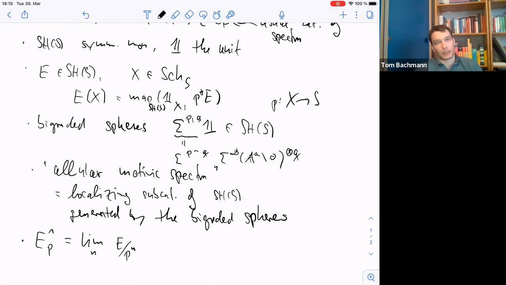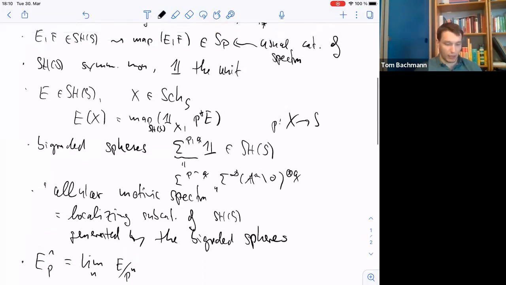For all n, there's a canonical inverse system with these entries, which one can form. And the inverse limit is called the p-adic completion. This is a very well-known procedure in homotopy theory. I'm sure essentially everyone knows what this is, but just so we agree that this is going to be the notation. And if you've not seen this, be my guest to think about what that's supposed to do.